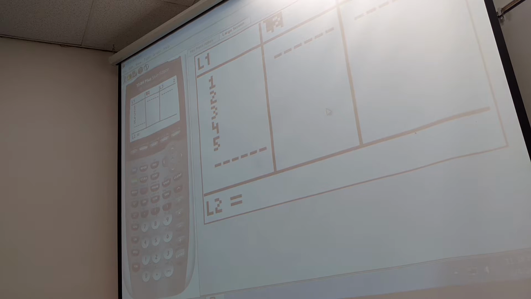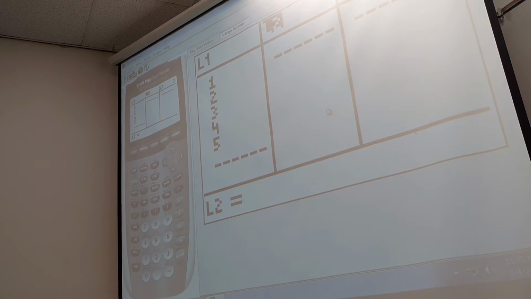Now here's what's really cool. I don't think we've done this yet. Do you see how I have L2 highlighted? If you're over there, just go over and then up. So L2 is highlighted. L1 is my x's, right? What do I want L2 to be? Where are my x's? L1. So I want L2 to be L1 minus 3 in this case. It's not always 3.